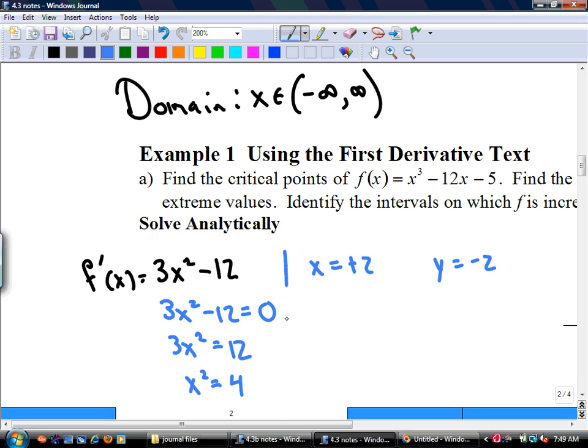Okay, so the next thing we need to do is find the y values. When x is positive 2, f of 2 is 8 minus 24 minus 5, negative 21.